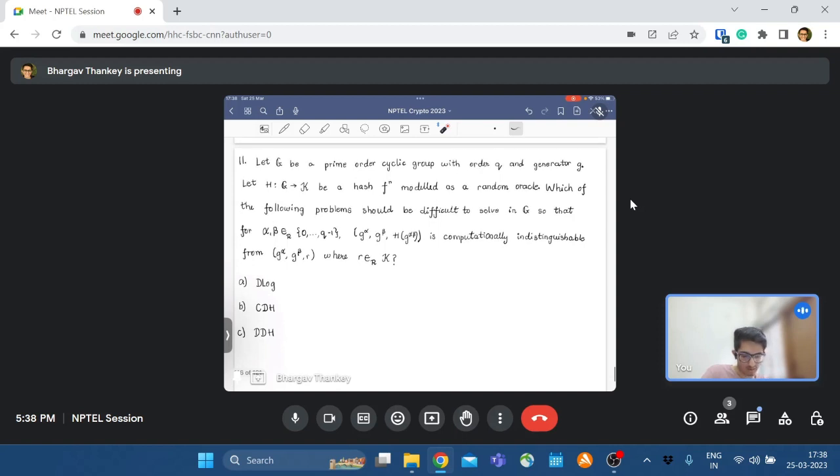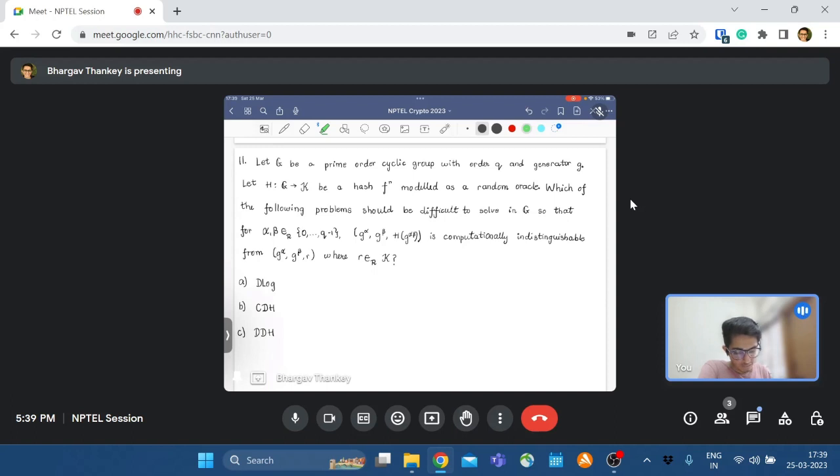So the next problem is: let G be a prime order cyclic group with order q and a generator g. Let H from G to script K be a hash function modeled as a random oracle. So what we are assuming is that H from G to K is a random function, and every entity in our construction has oracle access to it.